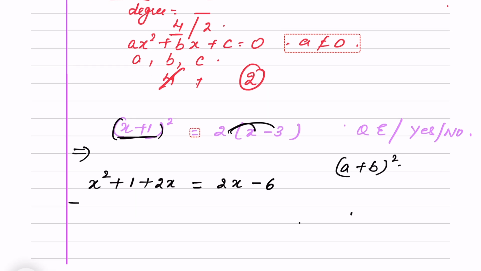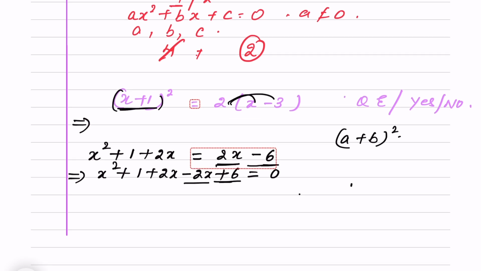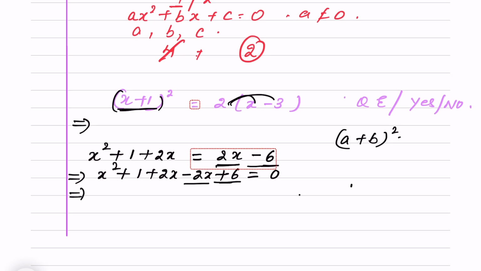Now bring all the terms of the RHS to the LHS, simplify, and check whether it can be reduced to 0 or not. 2x I bring to this side, it is minus 2x; minus 6 I bring to the left hand side, it is plus 6. So be careful of the sign.